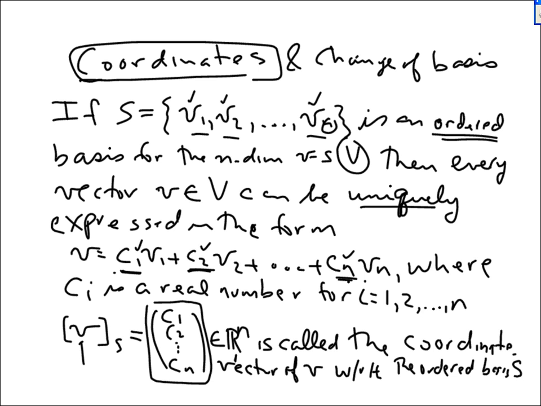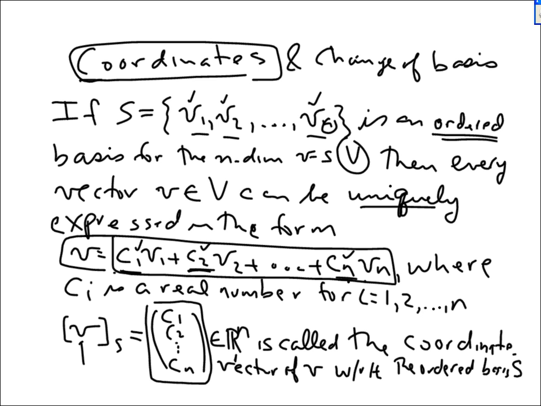The scalars came from the linear combination of the basis vectors that gave v.